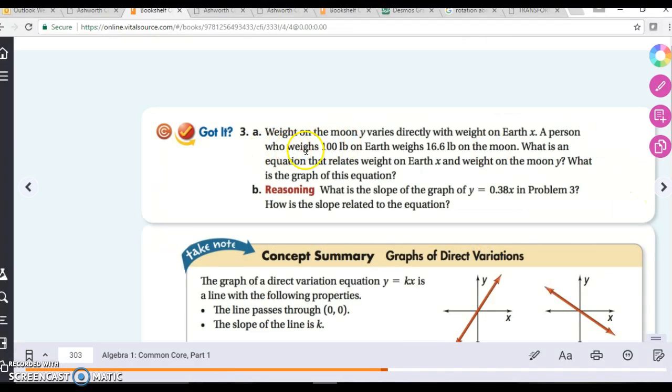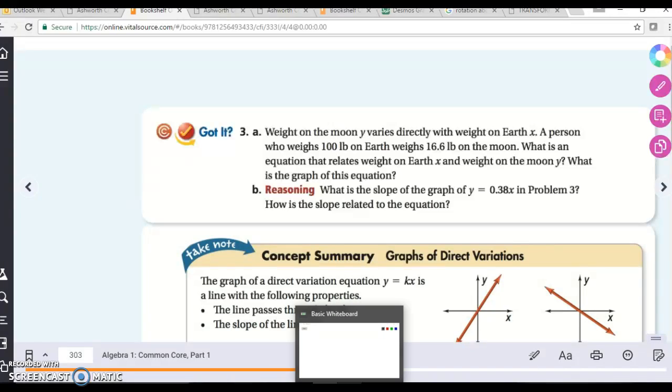Let's look at guided. It says the weight on the moon varies directly with the weight on Earth. A person who weighs 100 pounds on Earth weighs 16.6 pounds on the moon. What is the equation that relates weight on Earth, X, with weight on the moon, Y? What is the graph of this equation?